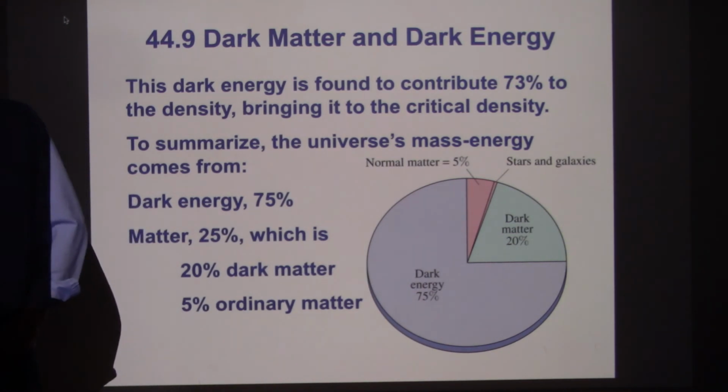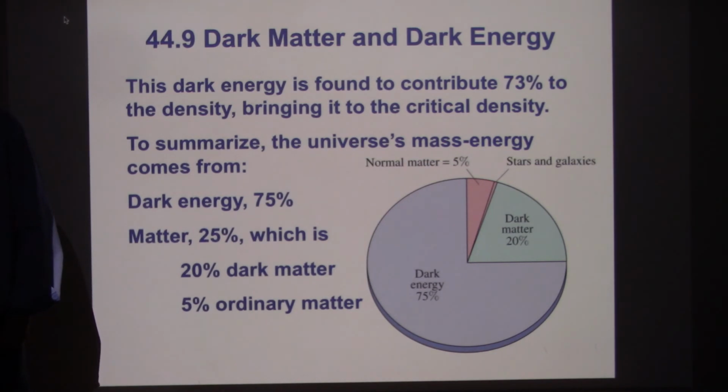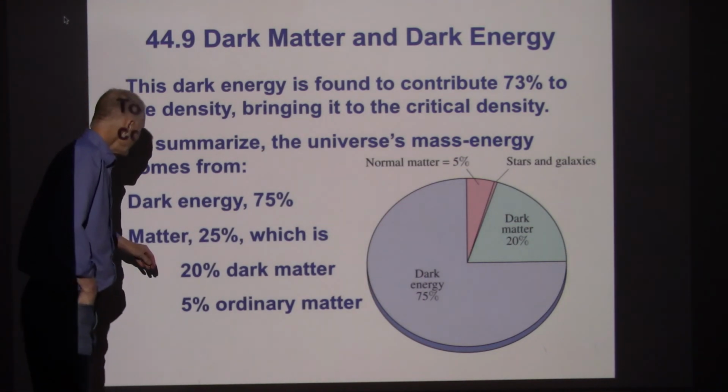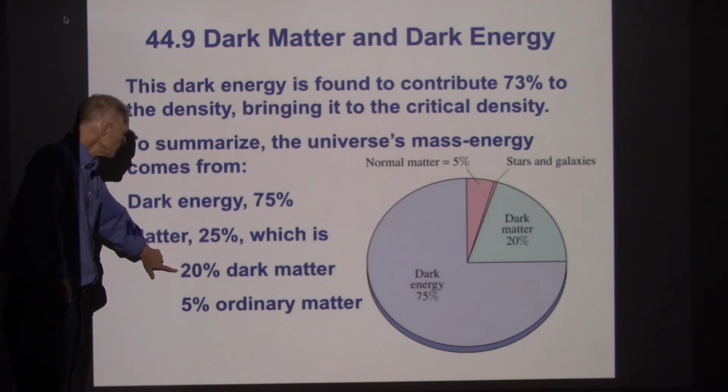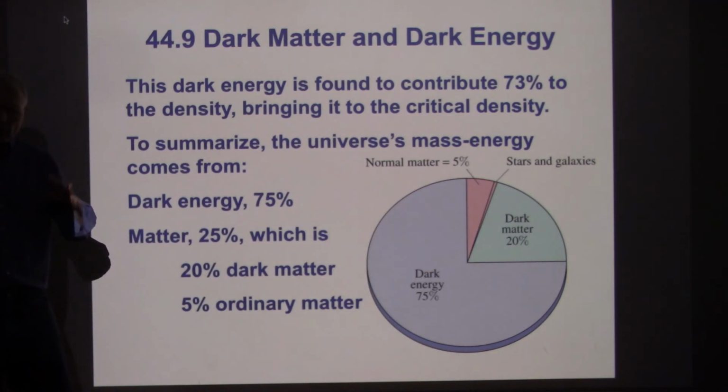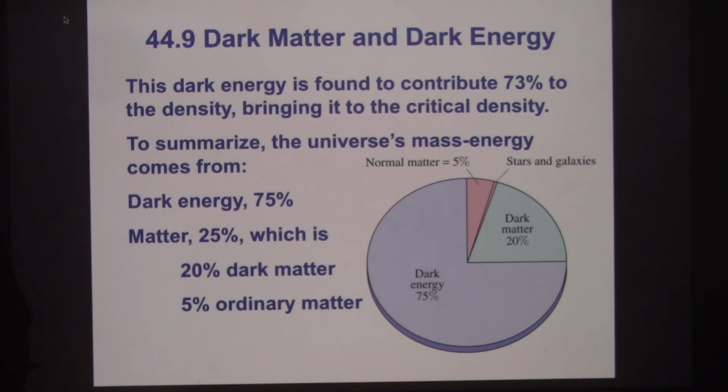Now, one possibility would be something that's kind of neutrino-like. We've talked about neutrinos. Neutrinos came up in the nuclear physics chapters, and neutrinos have come up again in the elementary particle chapter. It could be that there are other types of particles similar to neutrinos in that they don't interact very strongly.